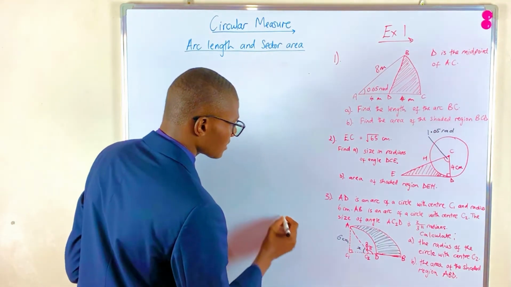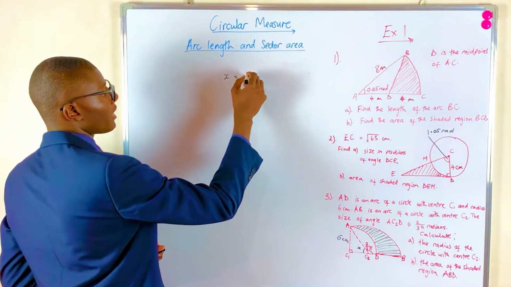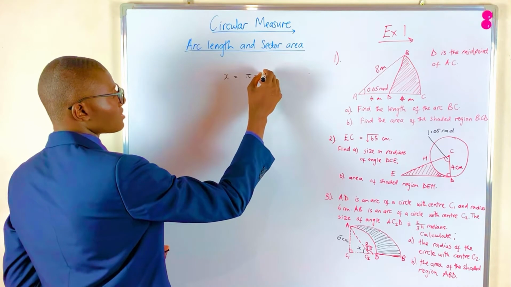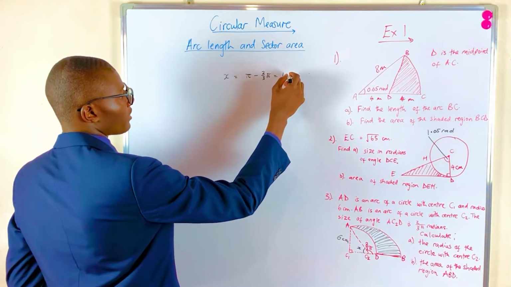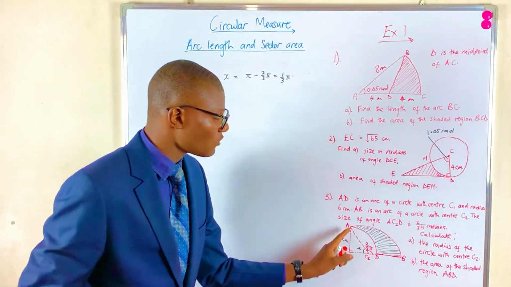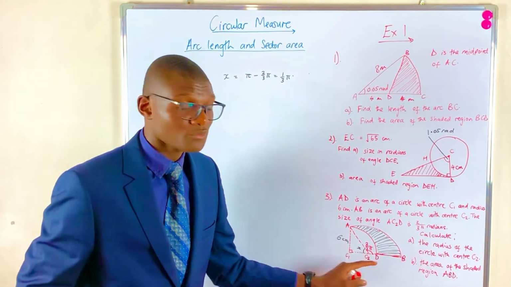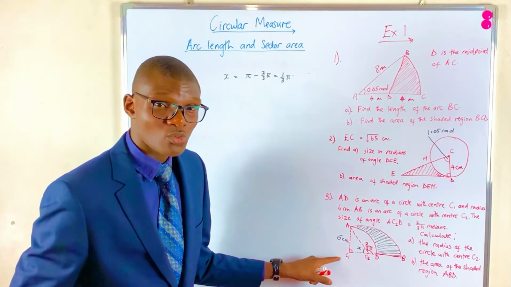So angle x can be given by pi minus 2/3 pi, which is just 1/3 pi. Right. And then now if we know angle x and we need AC2, and this is a right angle triangle, and you know AC1, right?